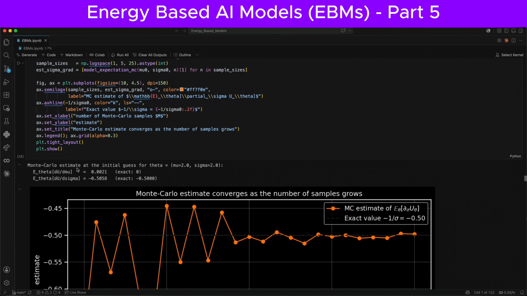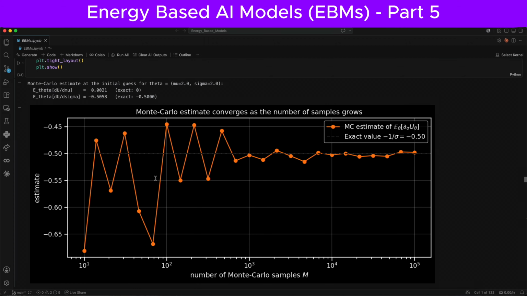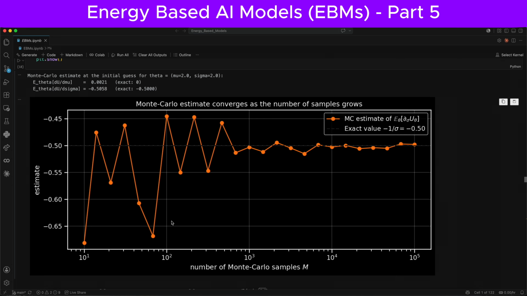The output shows the estimate of the mu gradient is about 0.002, where the exact value is 0, and the estimate of the sigma gradient is about minus 0.51, where the exact value is minus 0.5. Looking at the plot, the estimator is noisy for small numbers of samples, but settles onto the exact value as the number of samples grows.